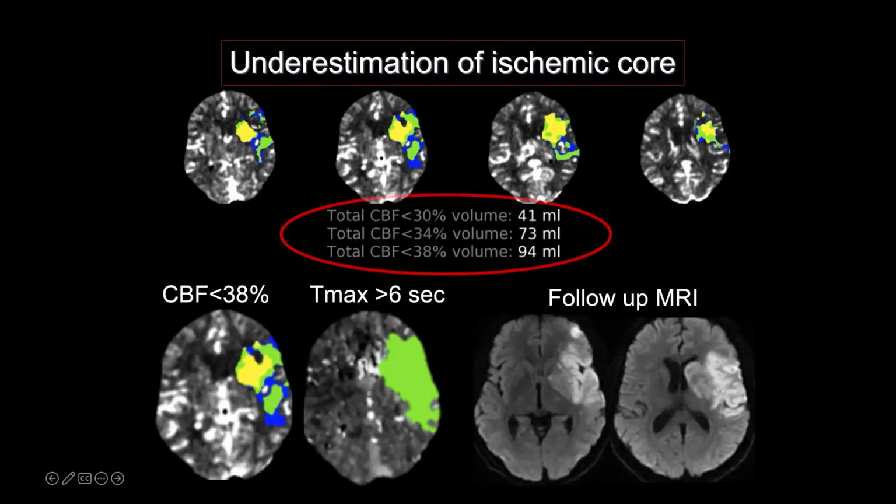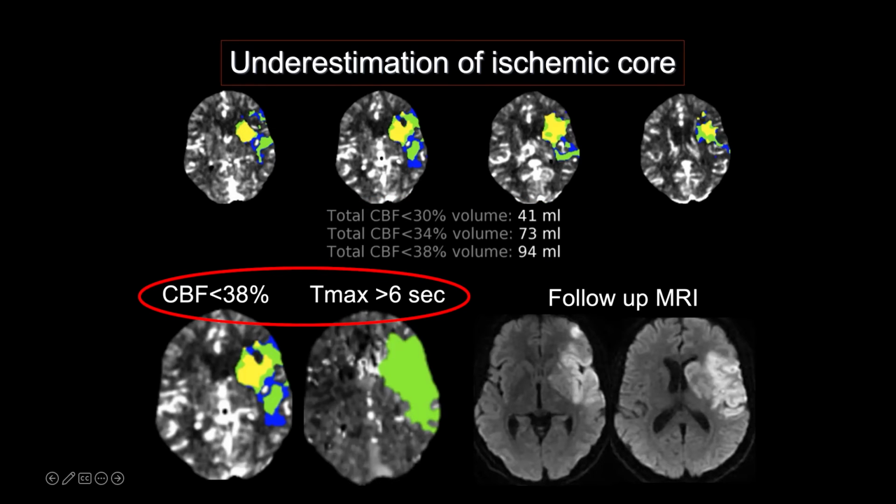I'm also going to look at the different thresholds. Remember, we have additional thresholds. If there is a discrepancy, I would highly recommend you look at all your thresholds, because this is where you actually have that conversation with your interventional team, right? So if I look at my CBF of 38% and Tmax of 6 seconds, that's almost a match. This patient did go for endovascular treatment, and they actually had a really good reperfusion, TICI-3.